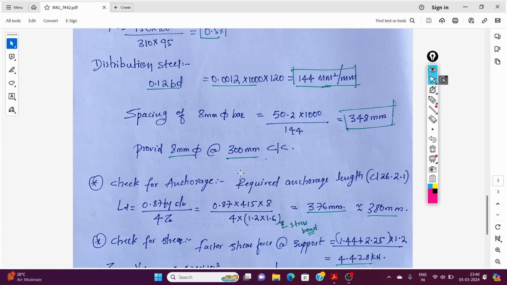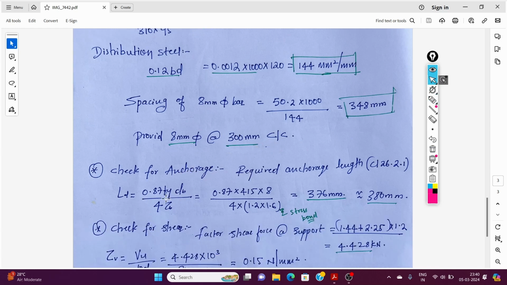Okay. So now check for anchorage length, check for development length required. According to IS 456 clause number 26.2.1, the Ld formula, we put all the values: 0.87 fy, 415, into diameter of bar, divided by 4 tau bd, this is the bond stress.